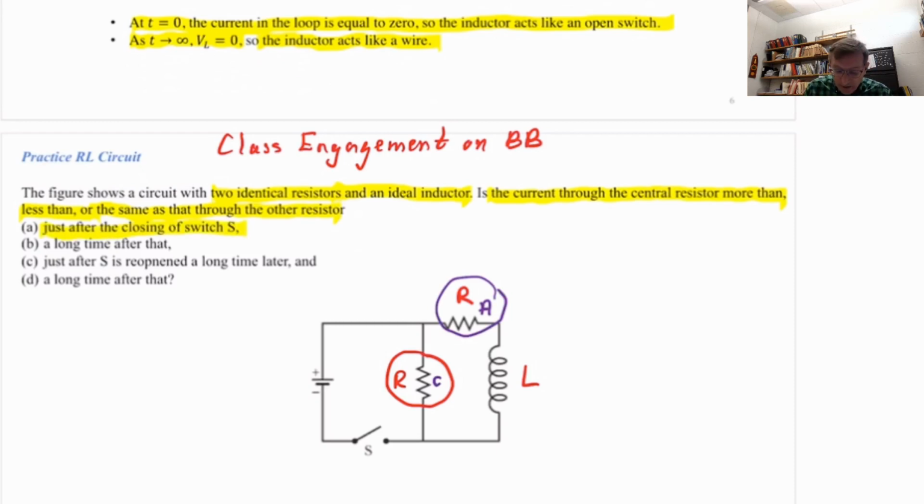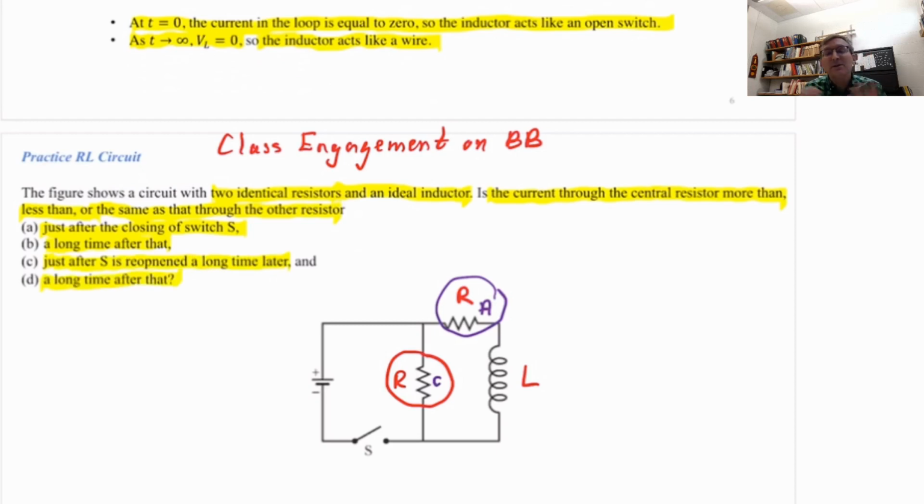So just after you close switch S, is the current in the central resistor more than, less than, or the same as the current through the resistor A? All right, same question, but now a long time after the switch has been closed. And now, same question, but just after switch S is reopened a long time later. And then finally, after switch S has been opened a long time.